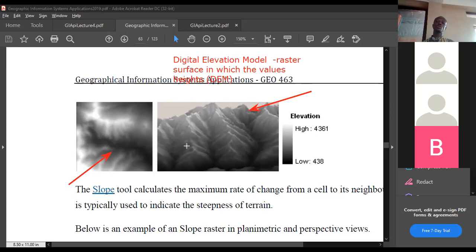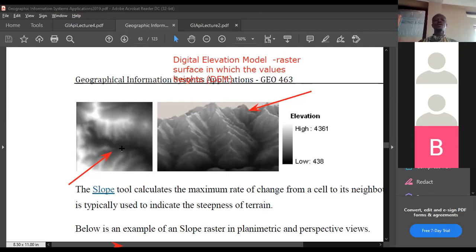When you do slope, you get the maximum rate of change from a cell to its neighboring cells. Rate of change. Anybody who is interested in hydrological analysis, you need to start following this bit very, very well. The cells contain values that are actually height values.